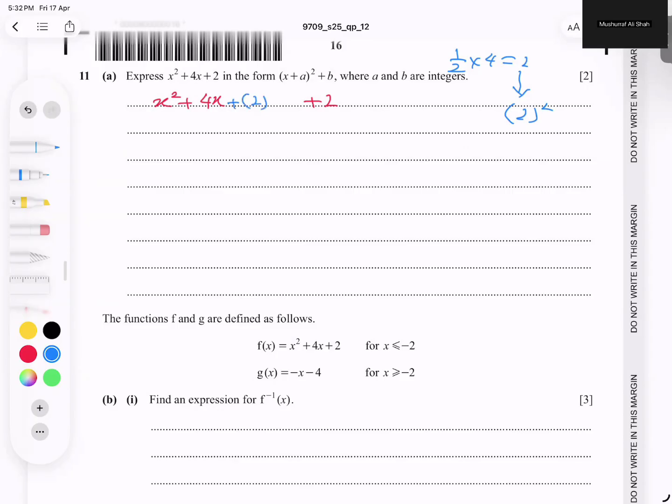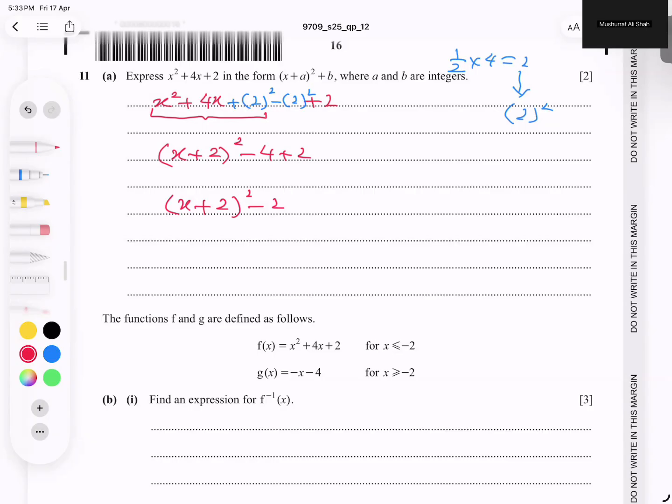First add, then subtract. And these three terms will combine: x from here, 2 from here, sign from here. So x plus 2, negative 4 plus 2. And finally, I got x plus 2 squared and negative 2. This is done, students.